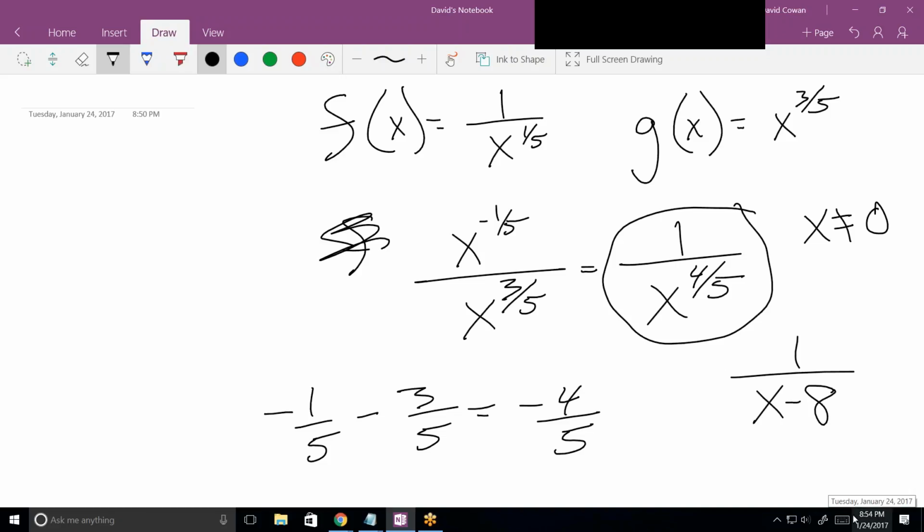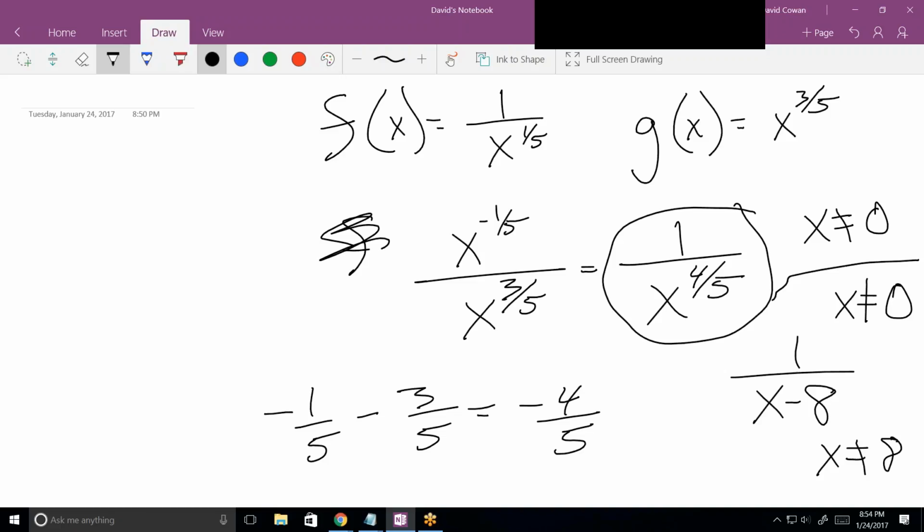Well, that has a domain of all reals except x cannot be equal to 8, right? Right. But one of the original functions was 1 over x, which meant that the original function's domain restriction included x cannot be equal to 0.